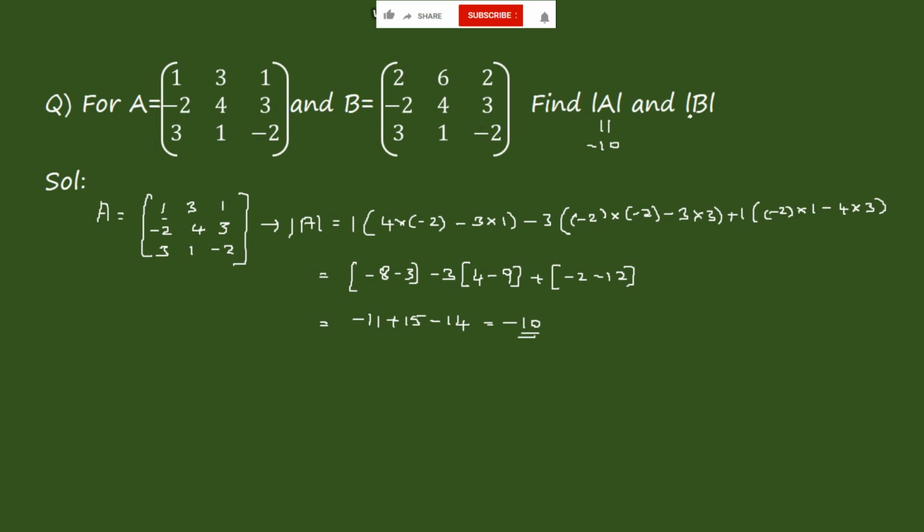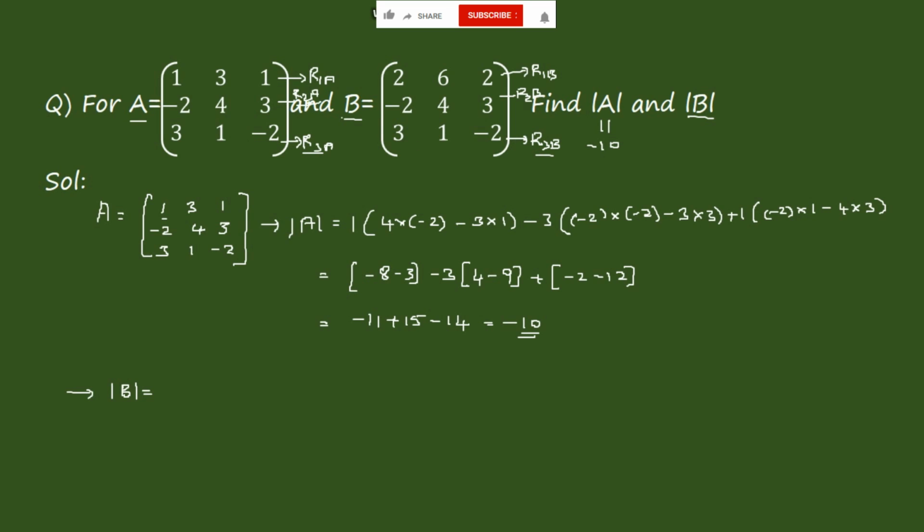Now we have to find the value of the determinant of B. See here, in matrix A and matrix B, consider this as row 1 of matrix A, this is row 2 of matrix A, and this is row 3 of matrix A. Similarly, these are row 1, row 2 and row 3 of matrix B. You can see that these two rows are the same, 3 1 -2 and 3 1 -2.